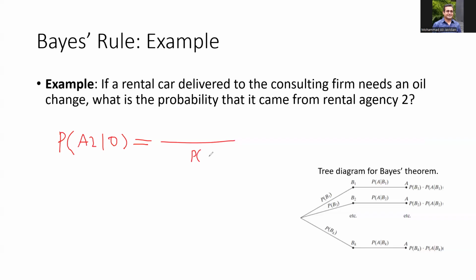We discussed how to compute the total probability; that's the denominator of this fraction. The numerator is the probability of A2 times the probability of needing an oil change given A2. What was the probability of agency 2? I believe it was 0.3. And how many of them needed an oil change? I believe it was 20%, which is 0.3 times 0.2.